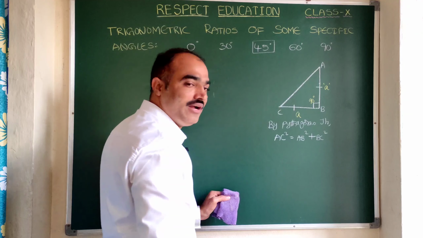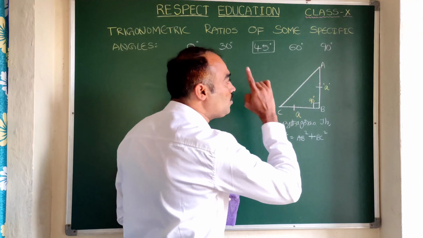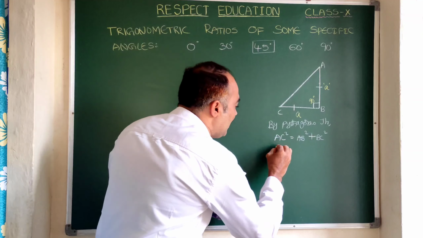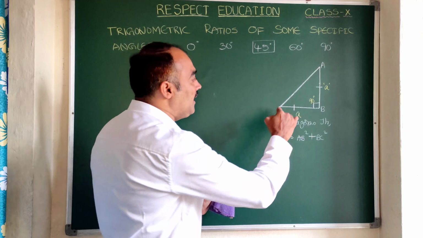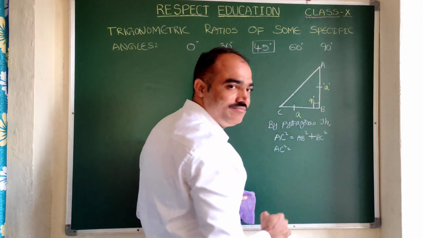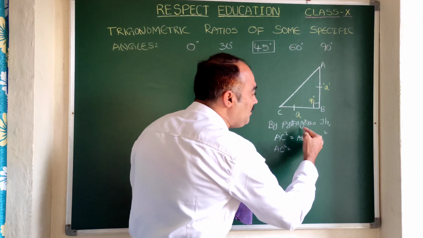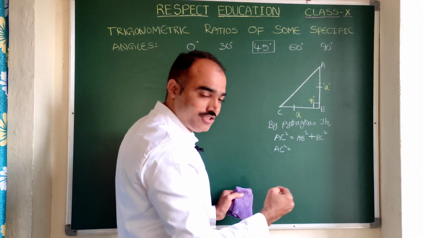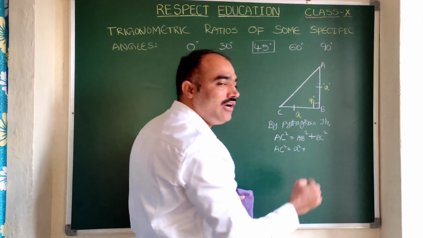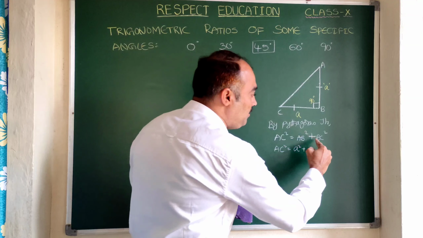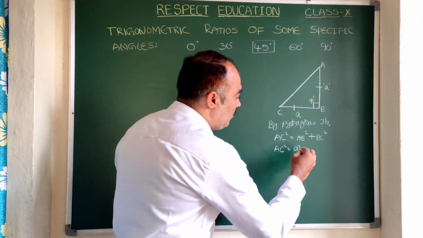So let us substitute the values. AC square is not known. That is what we are going to find. So let us write AC square as it is. And AB is how much? Small a. Then AB square will be small a square. Same way, BC is how much? Small a. Then BC square will be small a square.